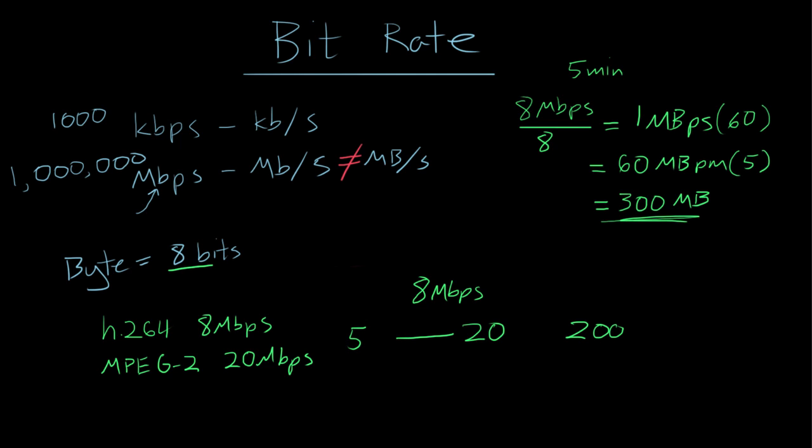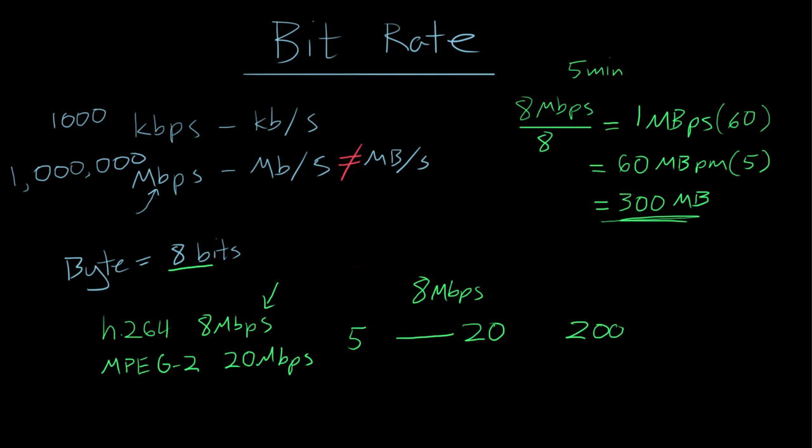Actually, the H.264 is going to look much better. Even though 8 megabits per second is a lower bit rate, it's much more efficient, using much more advanced techniques than the MPEG-2, even though the MPEG-2 is at 20 megabits per second.